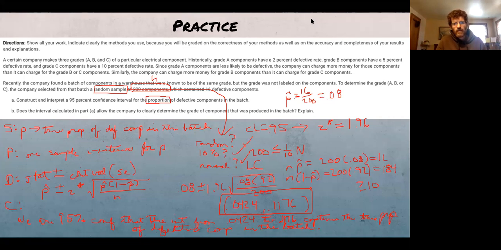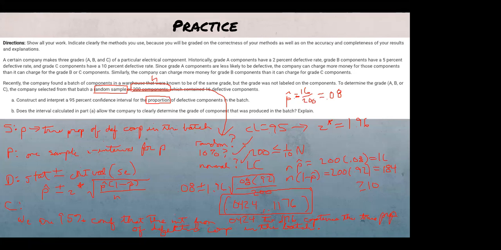Could it possibly be grade A? I guess, could it plausibly be grade A? Yes, because it's... wait, never mind.